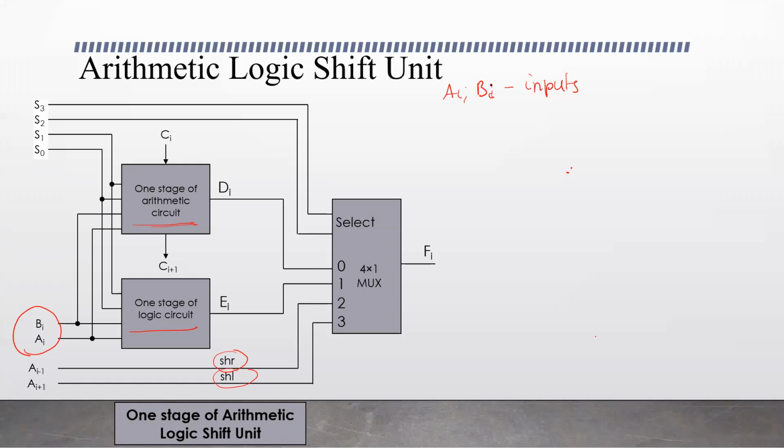So AI and BI are the inputs. And here, S3 and S2 are the selection lines that are connected to the multiplexer.